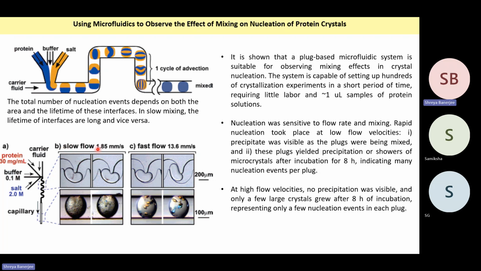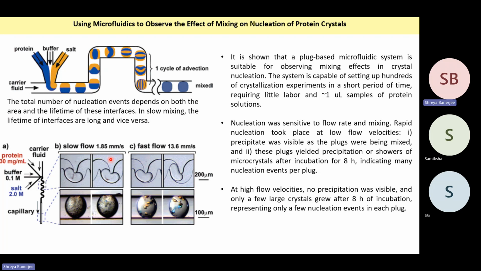If you have a slow flow rate of 1.85 millimeter per second, many small crystals will be formed because nucleation is favored. And in the fast flow rate, the number of nucleations is very less. So you will have a few large crystals.